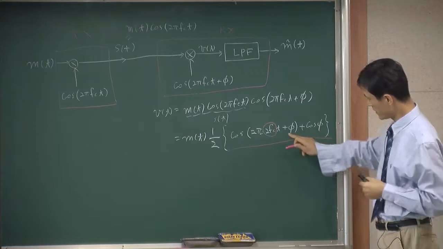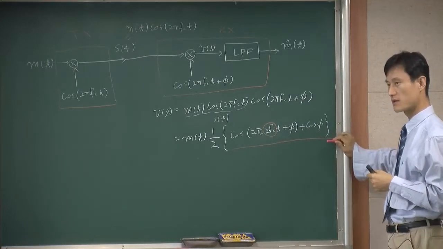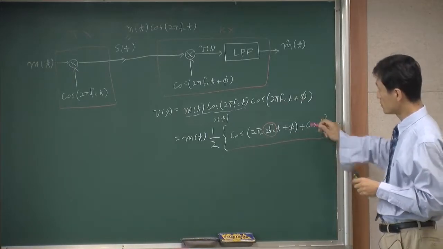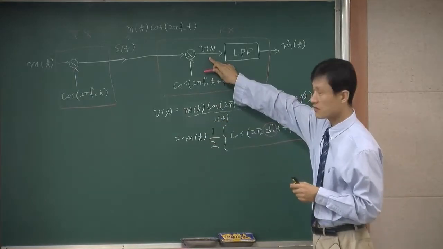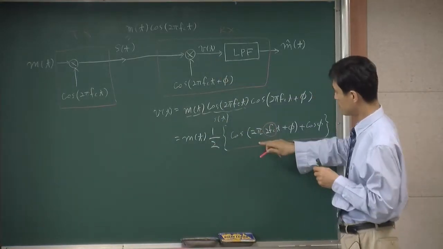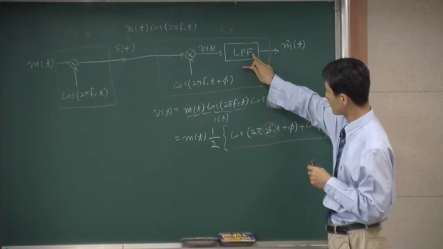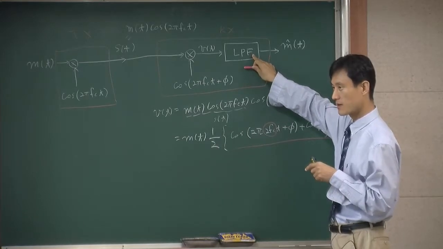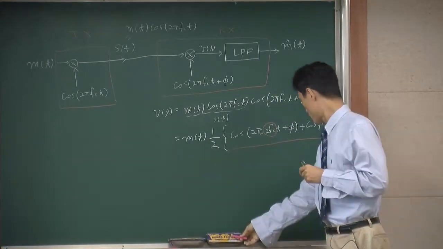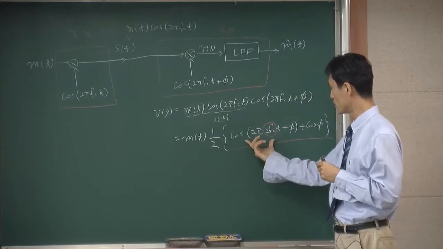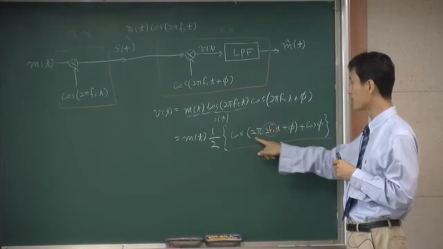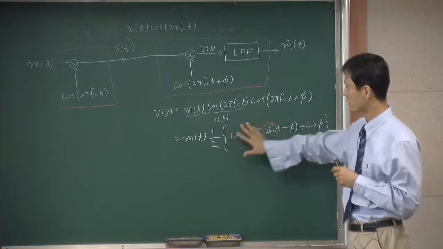Now we are still talking about v(t), and we need to go through the low pass filter. The reason is to remove the high frequency term. We just want to kill it.